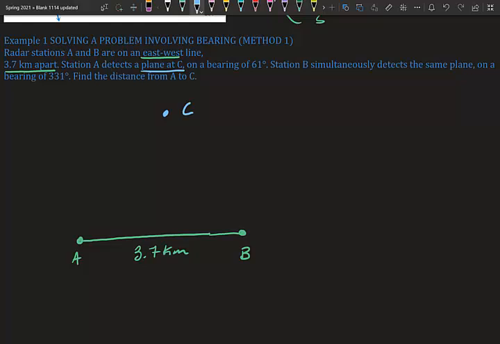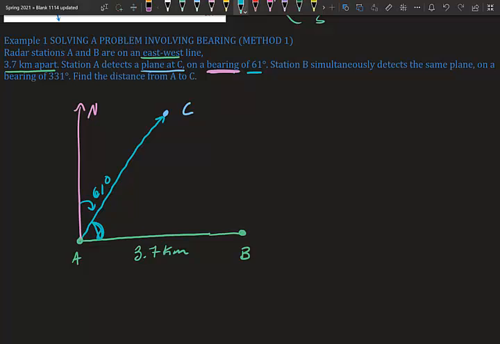Station A detects it on a bearing of 61 degrees. When we're talking about bearing, that word tells us I'm working with north, south, east, west. So it detects something at C, the letter C, not the ocean, at a 61 degree bearing.